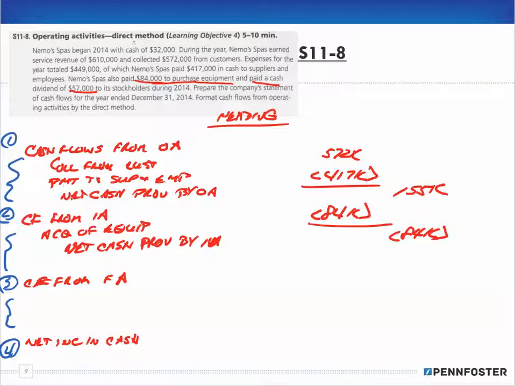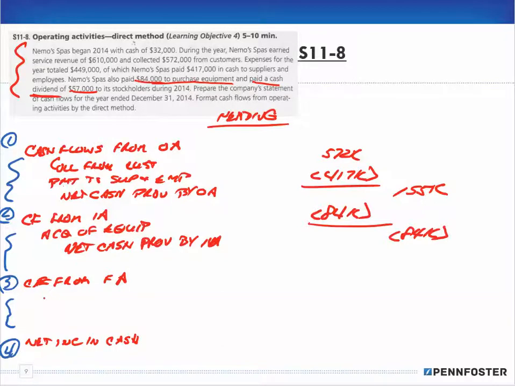Get a clear idea of what each one involves. And then when you're looking at data that's presented like this, you can say, okay, yeah, I have dividends. Dividends are a financing activity, right? So then I can add that to that particular section.